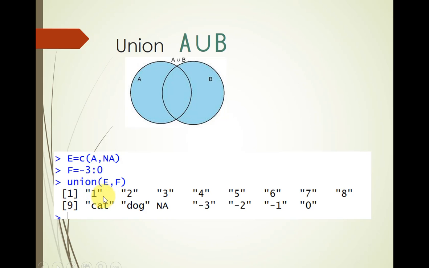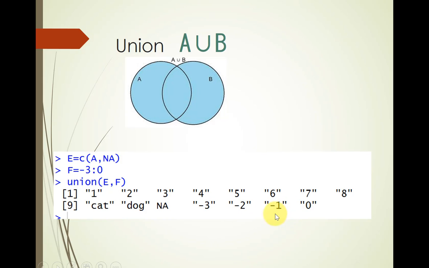So A was 1 through 8 plus cat dog. And this is E. So E is A plus NA, so NA also shows up. And then also F, which is here.